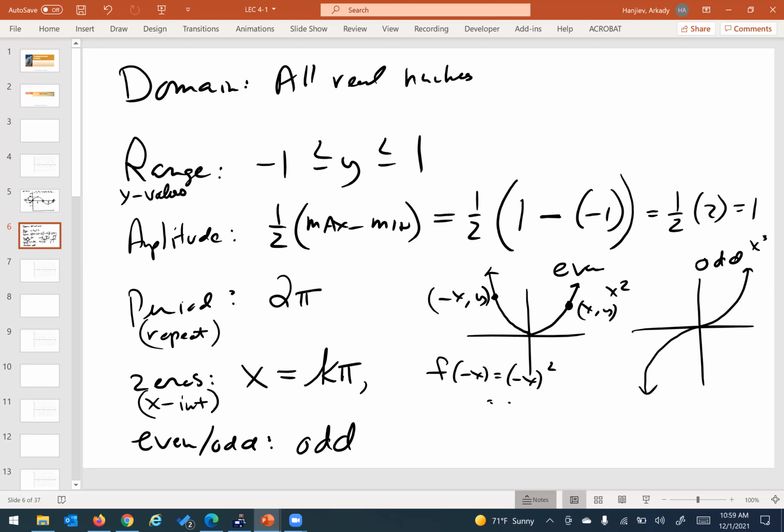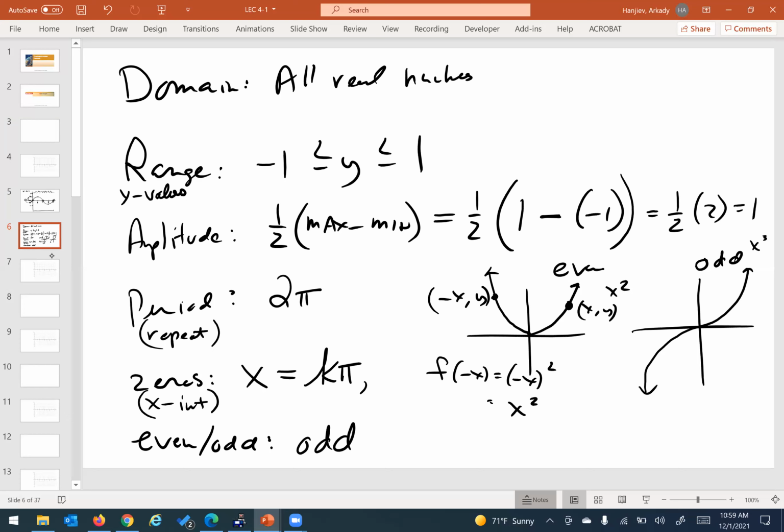You still get positive. The input of the negative does not affect the output of the function. I could plug in negative or positive, who cares. Negative 2, positive 2 is still giving me 4. So the negative values don't affect the outcome at the end.